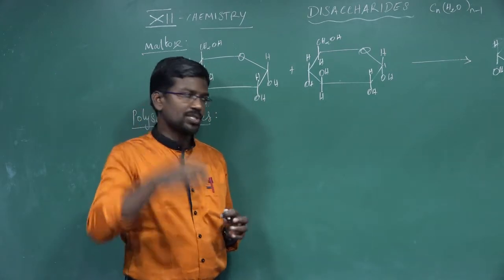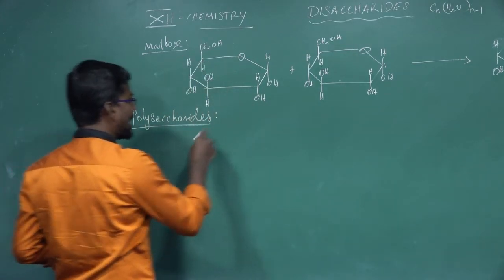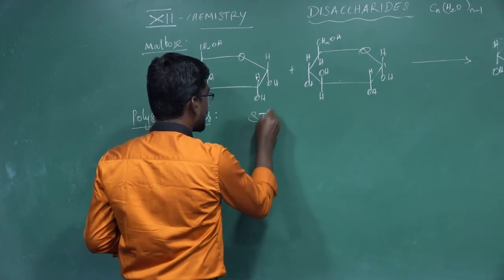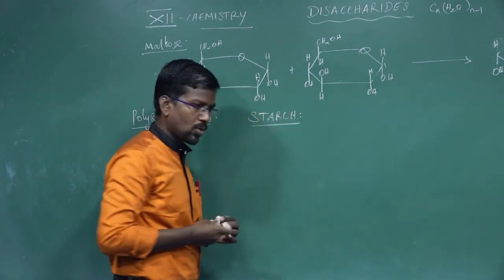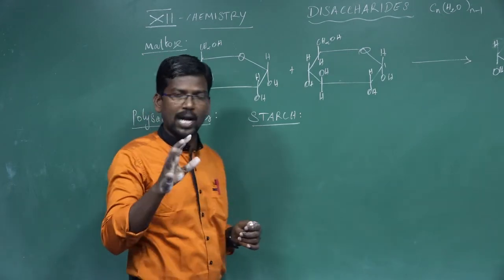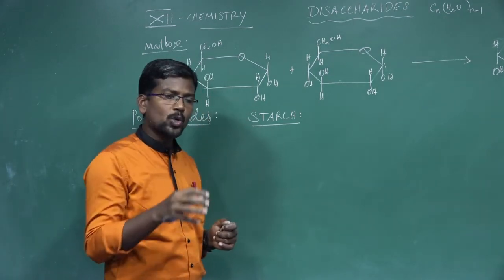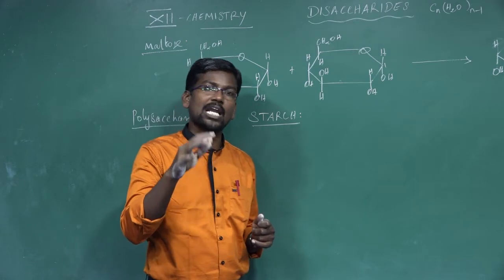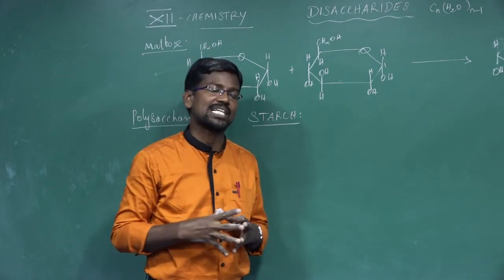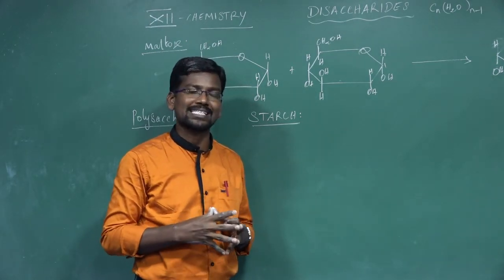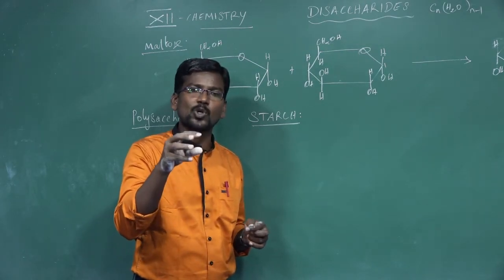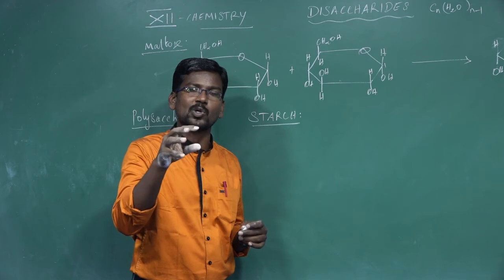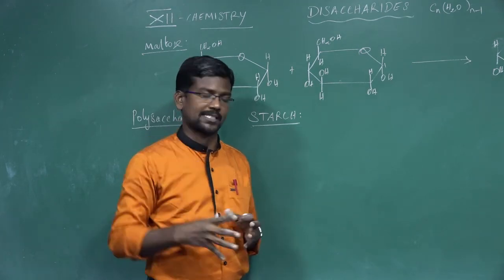Next important polysaccharide is starch. Starch is one of the most abundant polysaccharides, containing a number of monosaccharides linked with each other. It is the main source of carbohydrate and energy in plants.